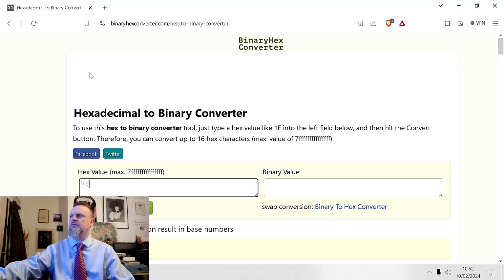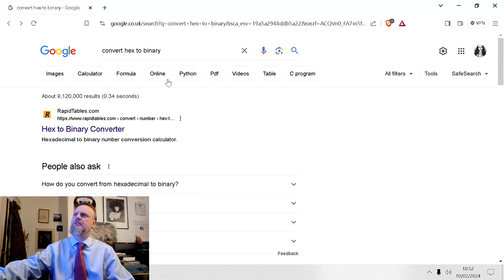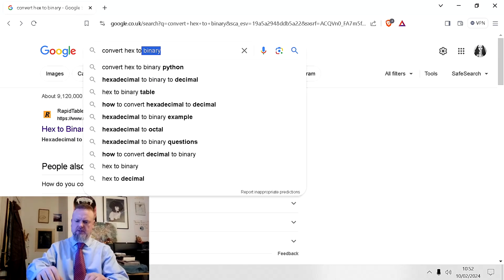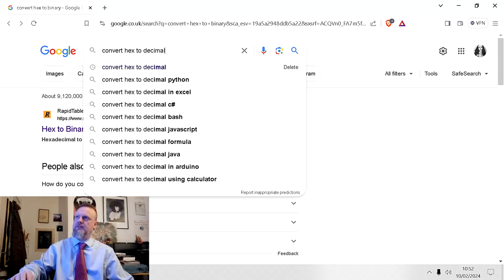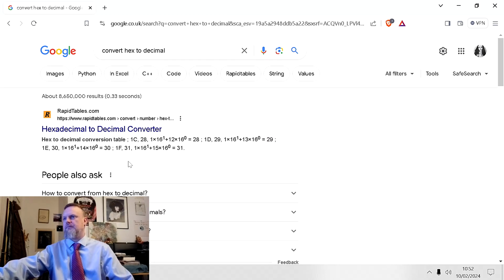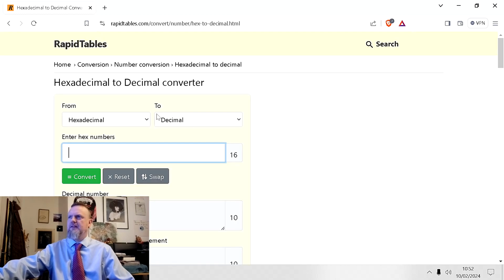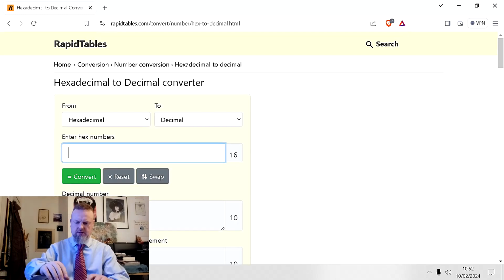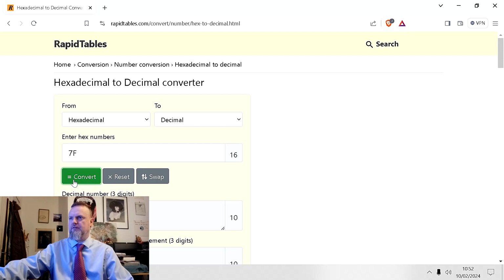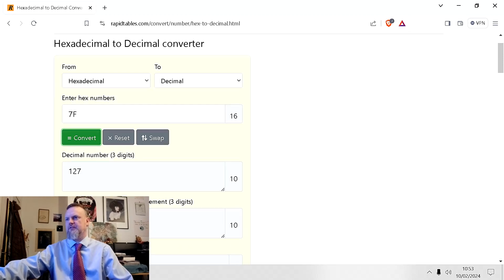Actually, I don't really want to demonstrate that yet. I want to convert hex to decimal. So let's keep it to what humans like working with for now. 7F, convert, and you should get, there we go, 127.